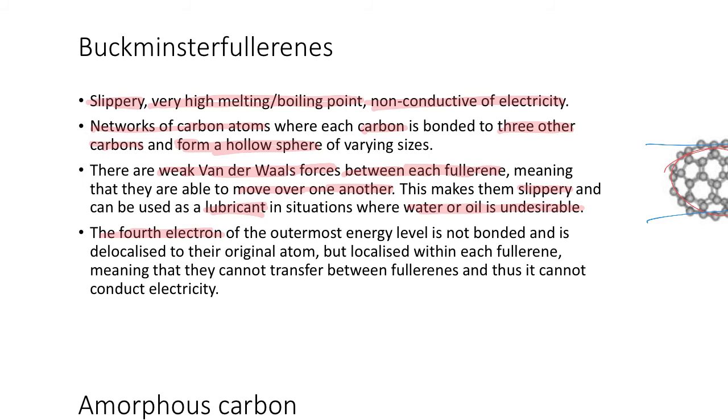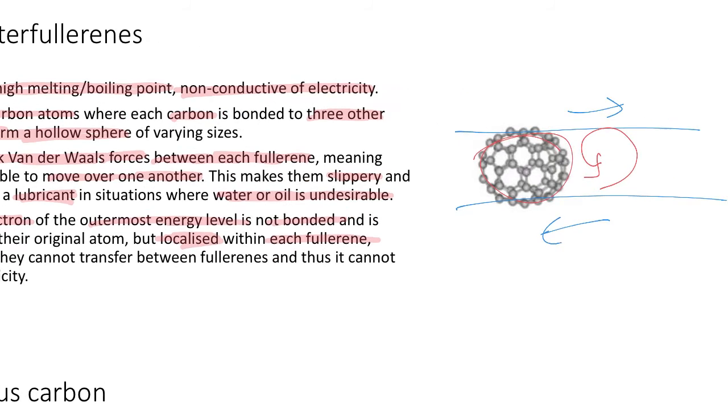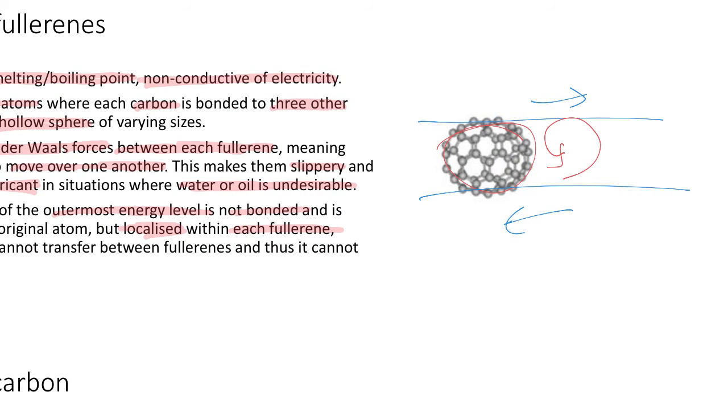The 4th electron, again, in the outermost energy level is not bonded and is delocalized, which would make you think that they could conduct electricity. However, it is localized to each fullerene, or each ball. So that means the electrons can flow through one ball and move around in that ball, but it can't move to the next ball. Therefore it can't conduct electricity, because these balls are quite small.